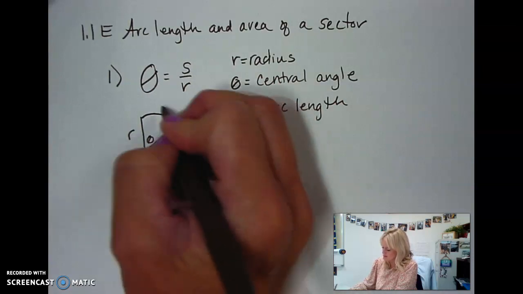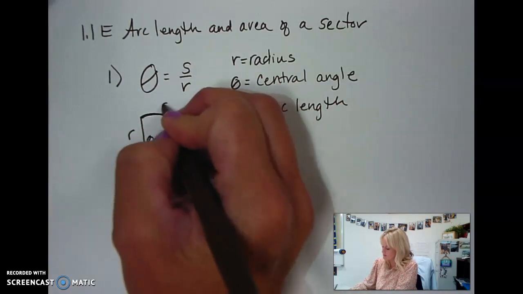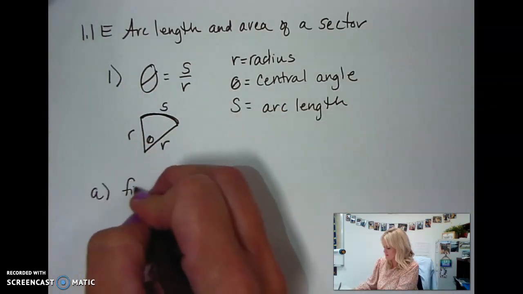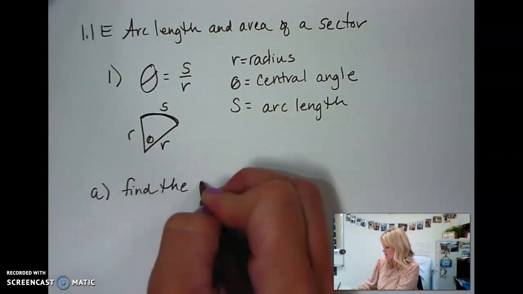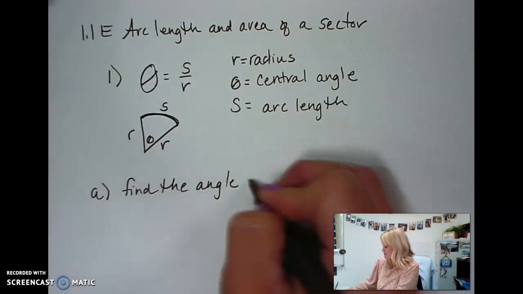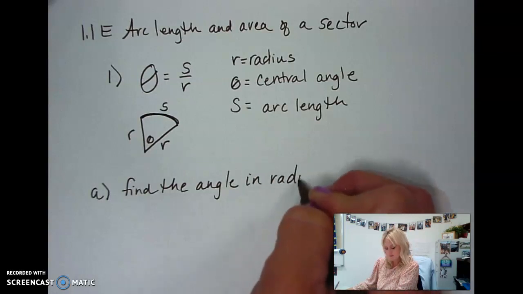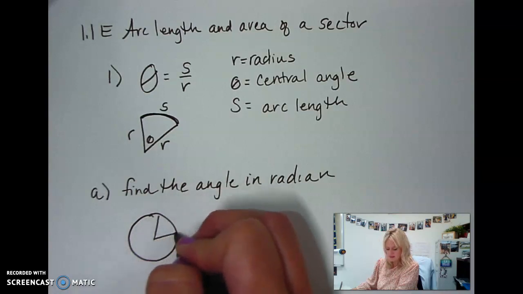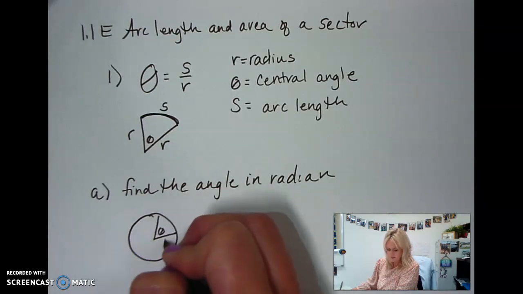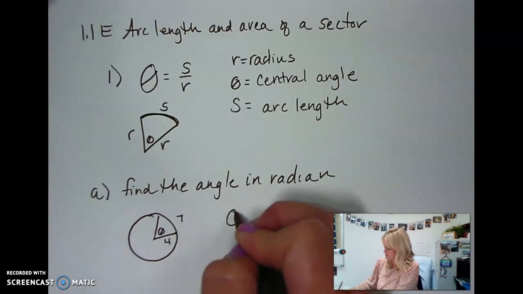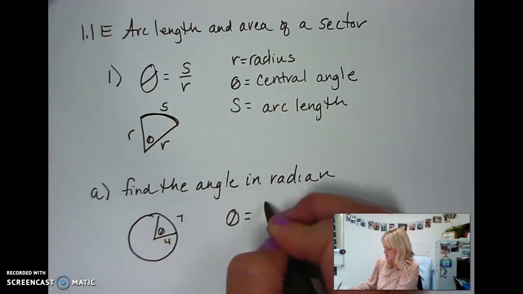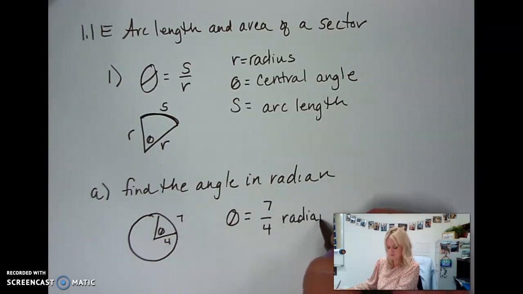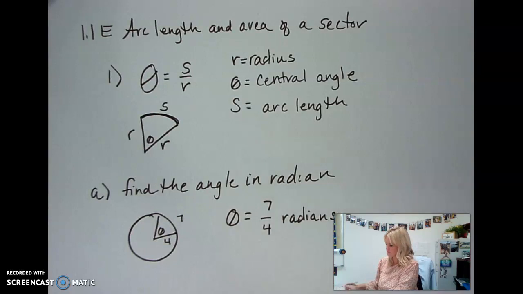Theta is the angle inside, and the arc length is S. So if I ask you to find the angle for the picture below in radians, we are going to take the formula theta equals S over R, and theta equals S, which is 7 over 4, and again, this is in radians.